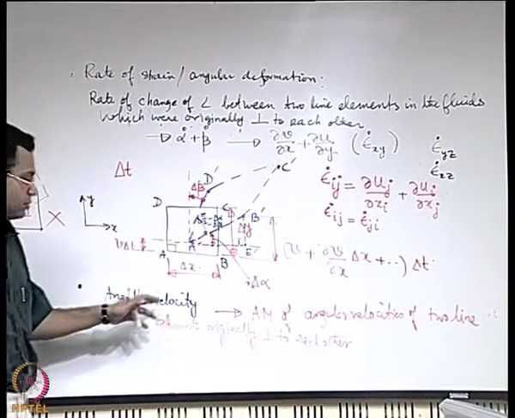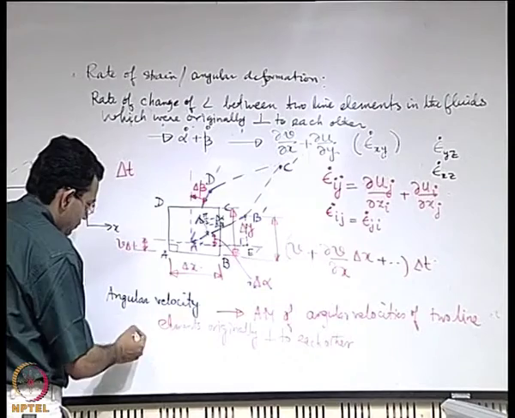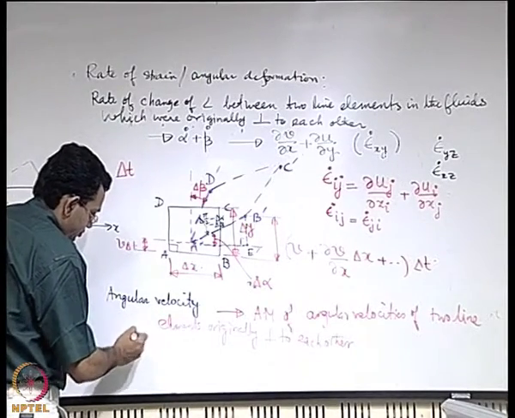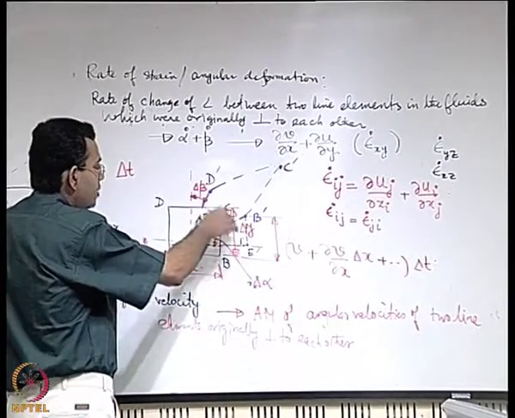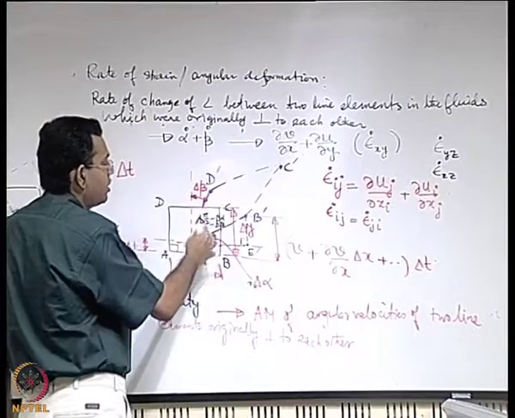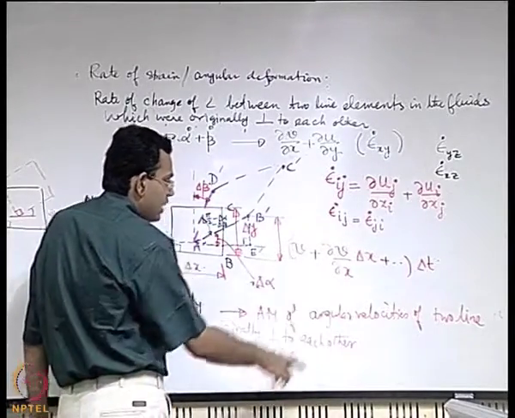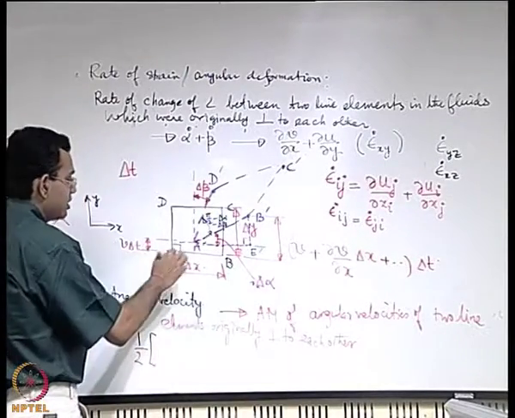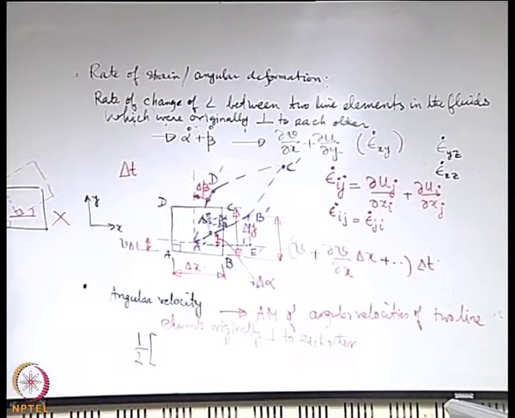Now, let us see the consequence. If you have a case where the fluid element has an angular deformation, so that it is not a rigid body rotation, the arithmetic mean of the angular velocities of the two line elements means half of the angular velocities of AB and AD, which were originally perpendicular to each other.